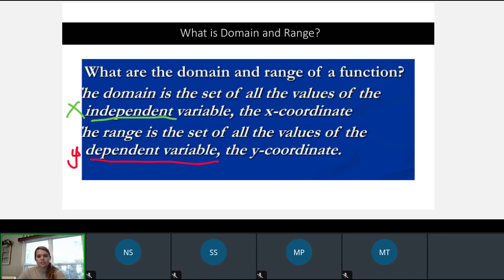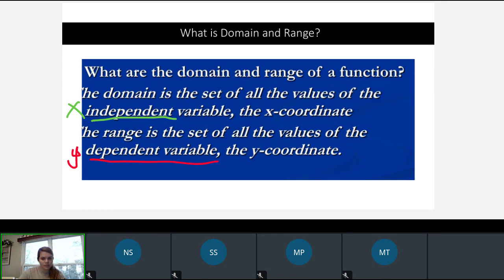If you ever have a question or just want to look back at it, it has a couple keywords that might help you determine which of these is the domain, which is the range, how do I keep them separated. Because sometimes it can be confusing when we're talking about independent versus dependent variables. And also, it's harder when we get to word problems sometimes because it's not always clearly labeled: this is X and this is Y.